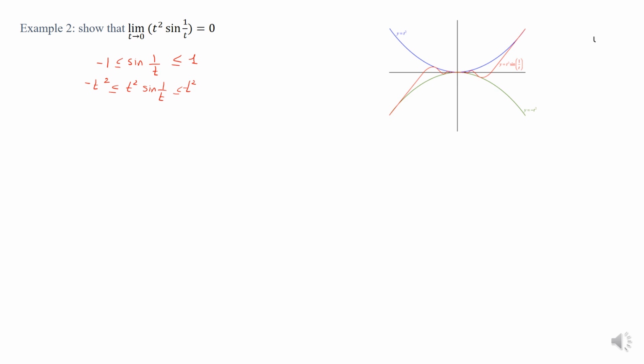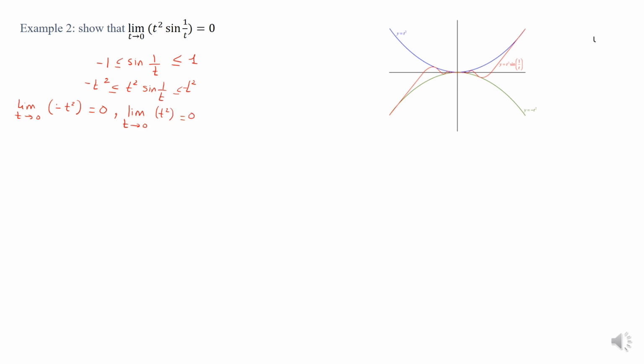Now we have t squared sine 1 over t trapped between two functions, minus t squared and t squared. So let's compute the limits of the two outer functions. The limit as t approaches 0 of negative t squared is equal to 0. Also the limit as t approaches 0 of t squared is equal to 0.